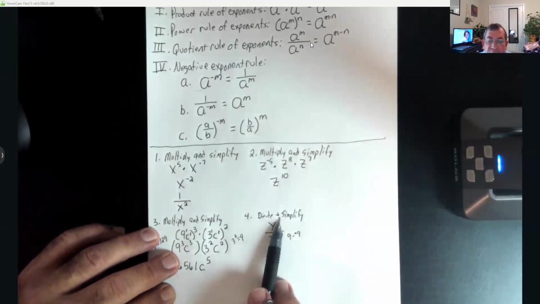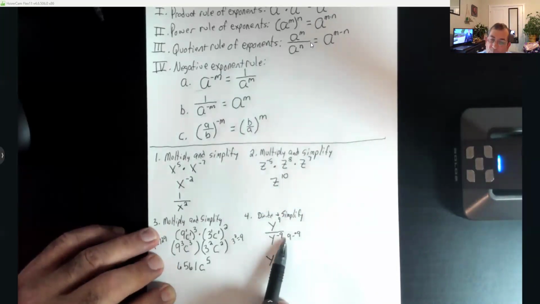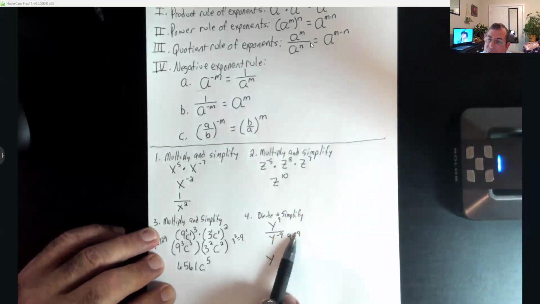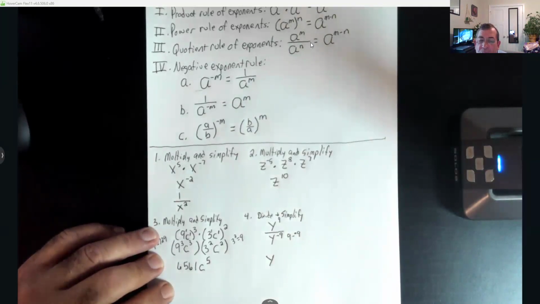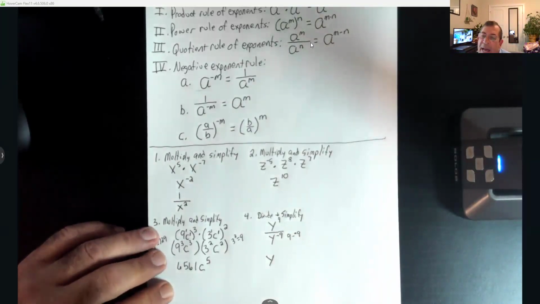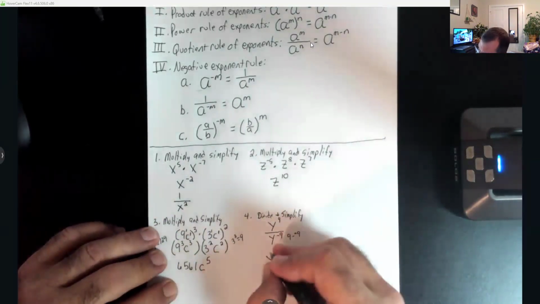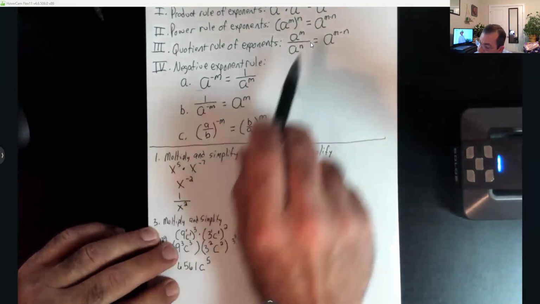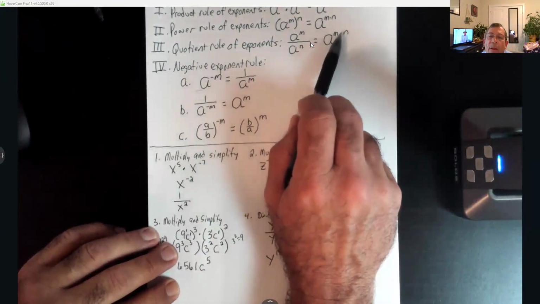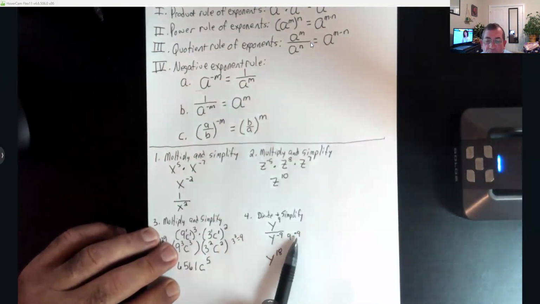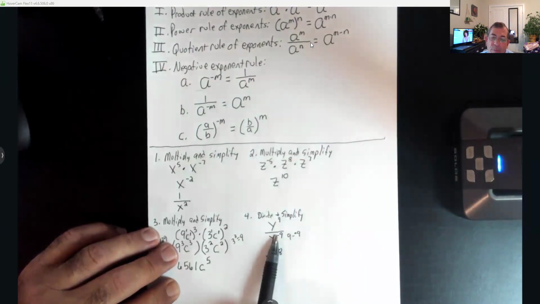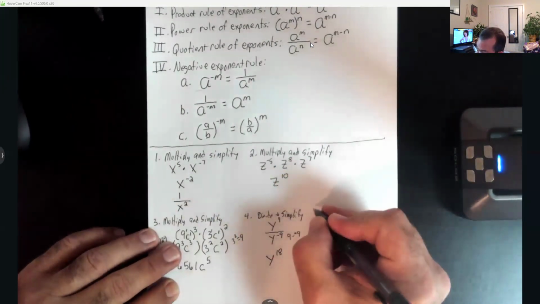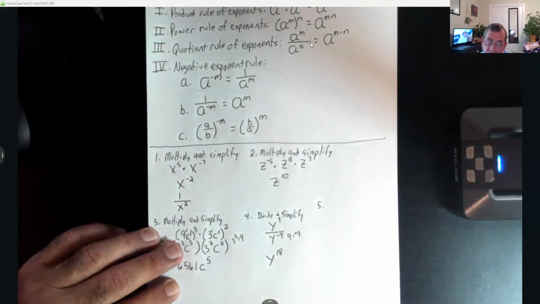Okay, remember that's 9 minus negative 9. When the bottom's negative, you'll get 2 negatives, y'all. But remember, those 2 negatives are going to make that into a plus. So basically, 9 minus negative 9 is 9 plus 9, which will give us a y to the 18th. So you just got to remember when you're using that quotient rule, the subtraction is always there, okay? So when that bottom number is negative, you will get a double negative going on.